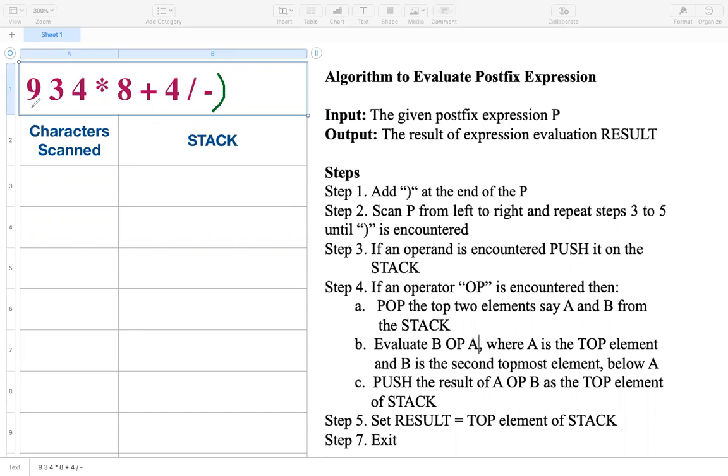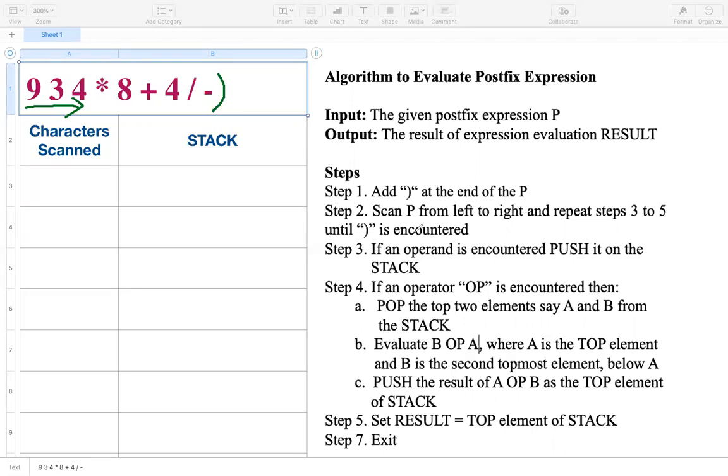We will be scanning from left to right of this postfix expression, and we will continue until we find a right parenthesis. Now students, remember that a postfix expression doesn't contain any kind of parenthesis, because we have already removed them while converting from infix to postfix.